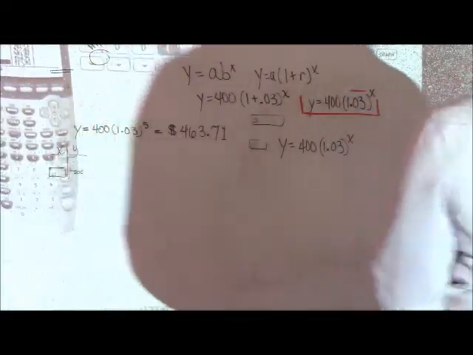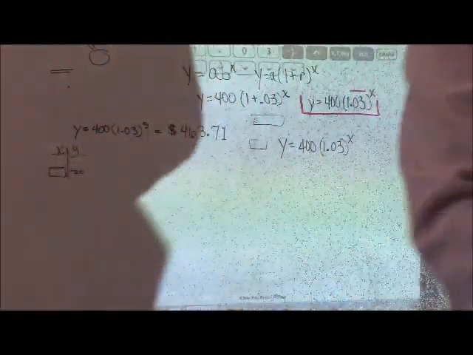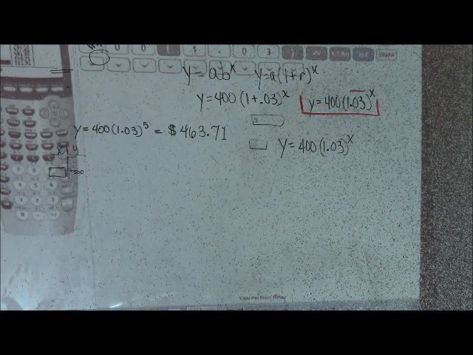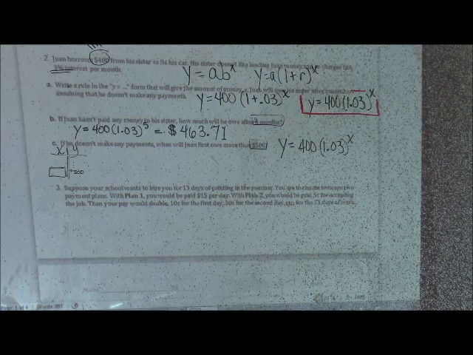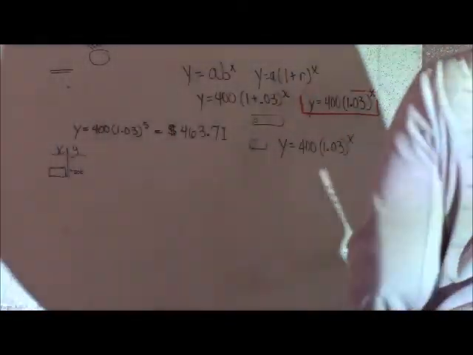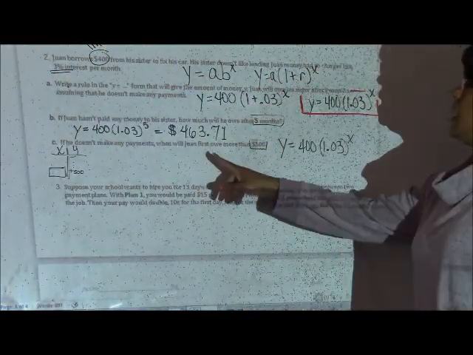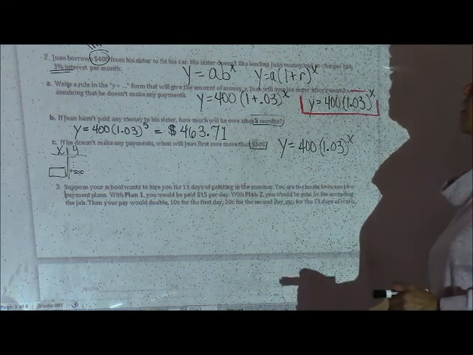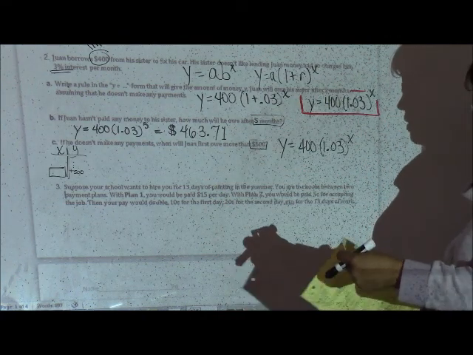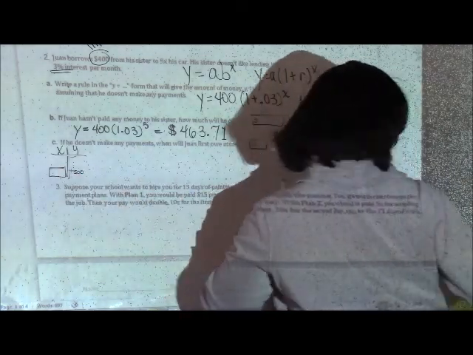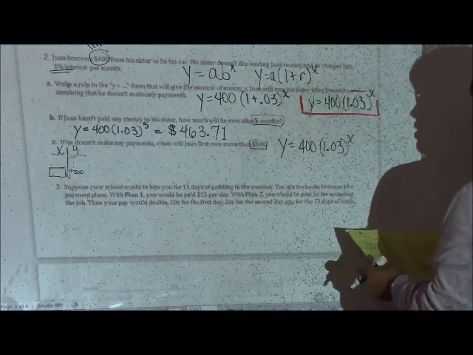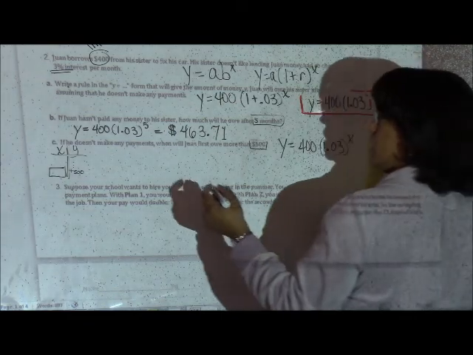And so I always like to look at the question. Let me go ahead and pop the question back up to make sure I'm answering exactly what they're asking me. So let's look at the question. It says, if he doesn't make any payments, when will he owe more than $500? And from the table, we saw that there was an 8 beside, let's see if I wrote my value down, $506.71.